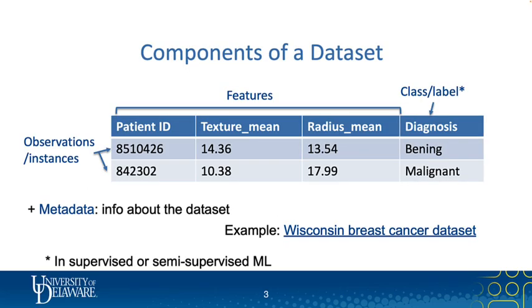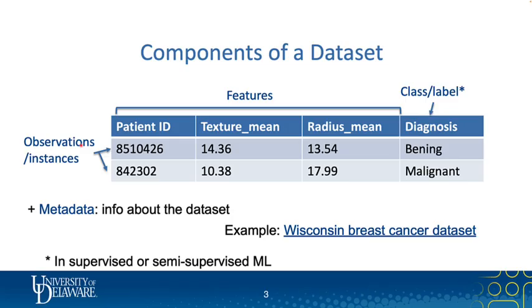In terms of the different components of the data sets, this is an example of a tabular data set that is a subset of measurements on data from the Wisconsin breast cancer data set. You have the link in the page. Each row in this table is what we call an observation or instance.